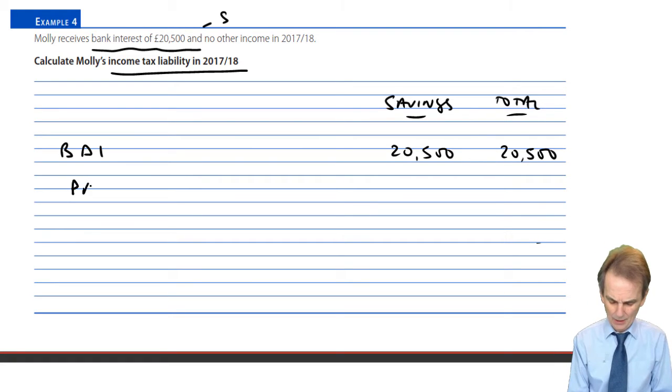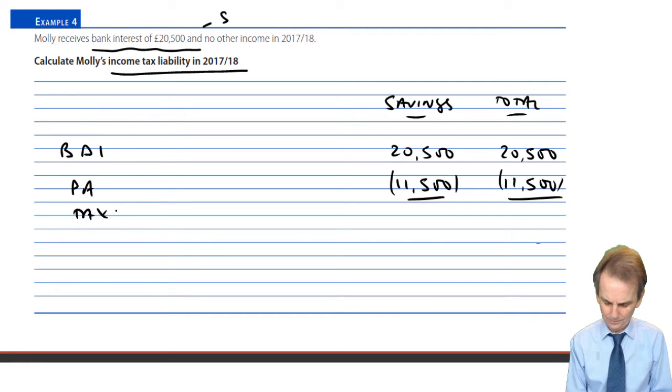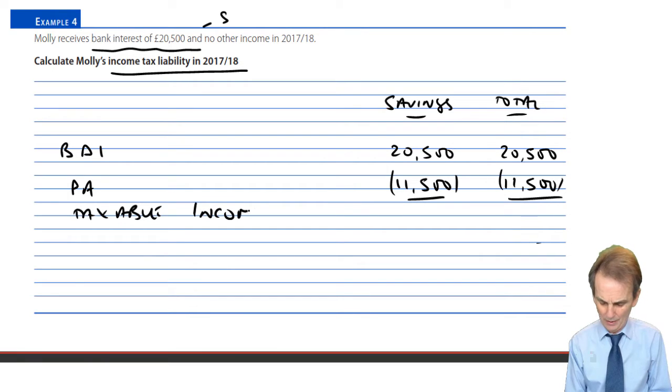Take away your personal allowance, that for our tax year, 11,500, bringing us down, therefore, to a figure of, as we're well used to by now, taxable income. Taxable income here will amount to £9,000.